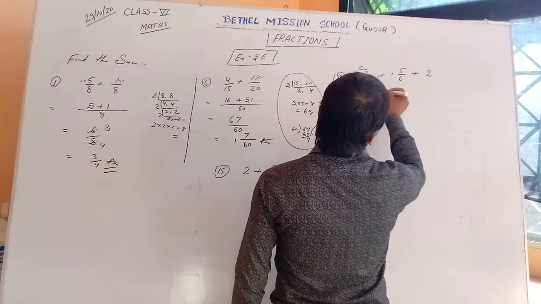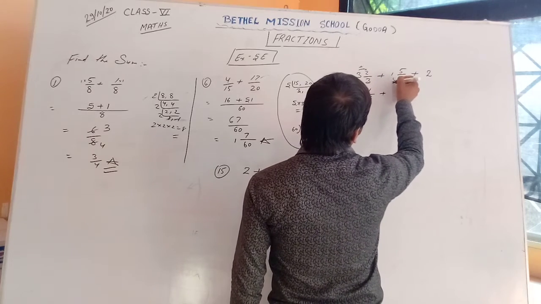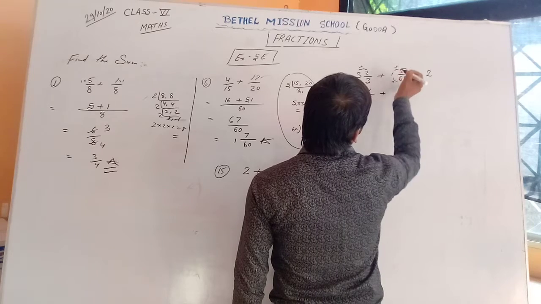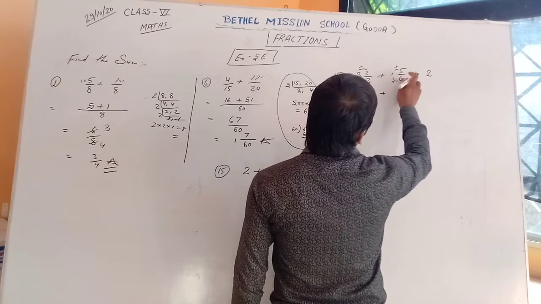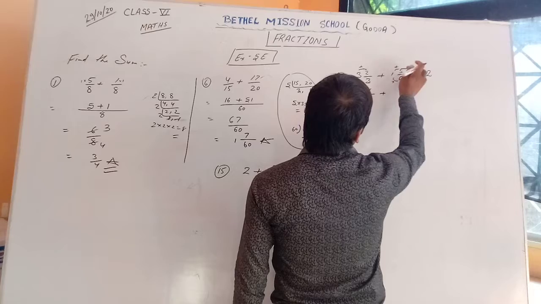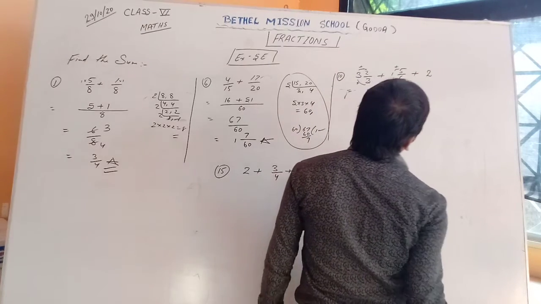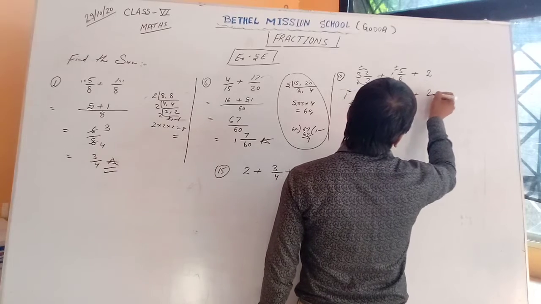Now here again multiply: 6 times 1 is 6, and that one you have to add. 6 plus 5, 11 upon 6, and that is plus 2.